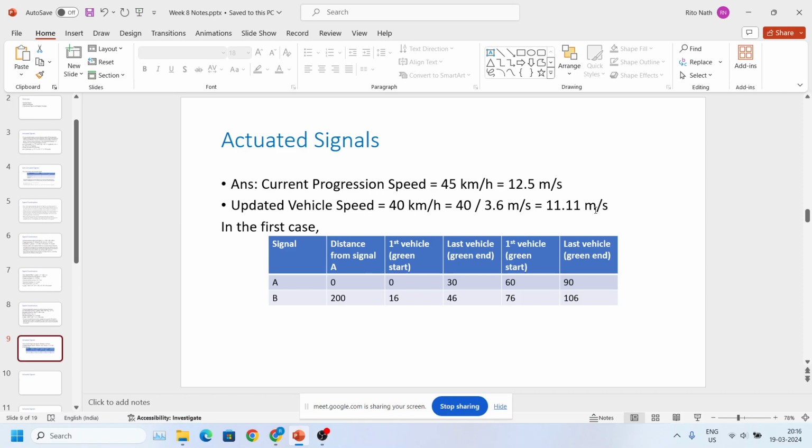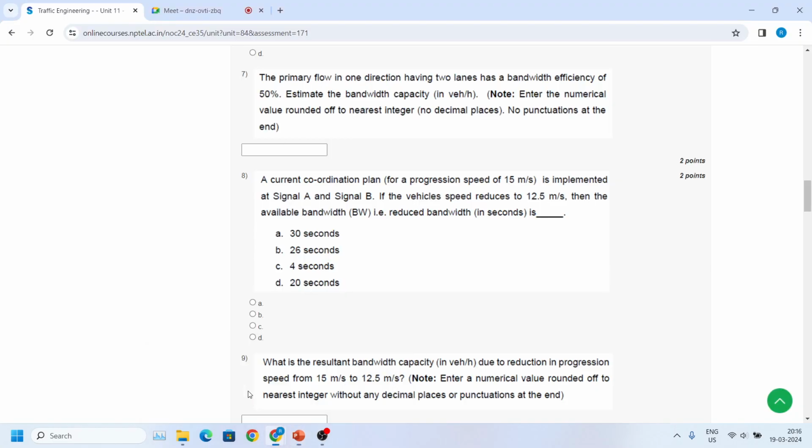So if it is given as 36%, you can directly use that in this problem. Maybe I'll connect it with the other method that was used in the class. But it's very simple for the assignment problem.